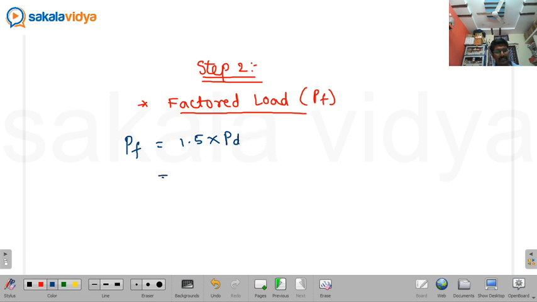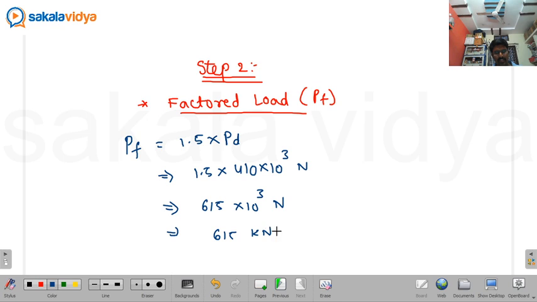So then it becomes 1.5 into 410 into 10 power 3 newtons. Our answer will be approximately 615 into 10 power 3 newtons or 615 kilonewtons. So this is our step number 2. The given load is converted into factored load.